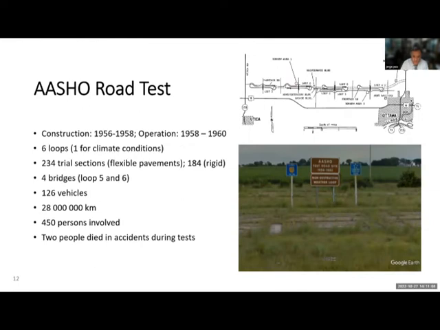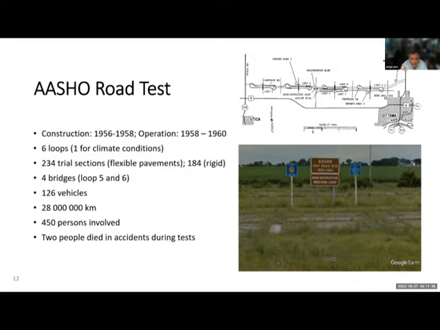But the most important one was the AASHTO test. It was constructed in the middle of last century. It was constructed with 6 loops, one for climate condition, and you can find in Google Earth a photo of loop 1 that was used for climate condition.